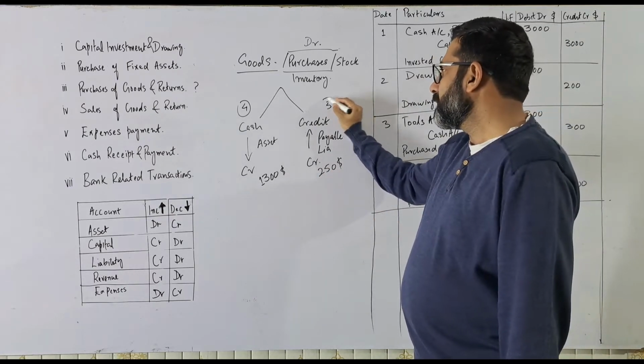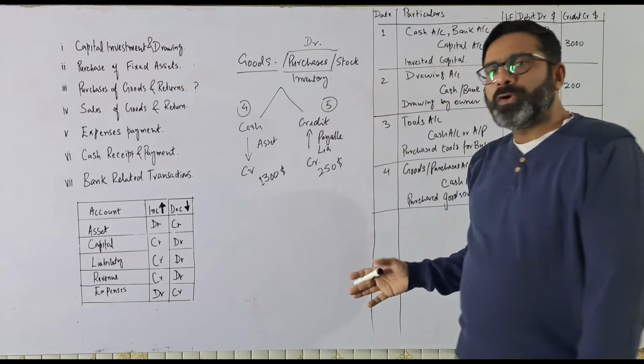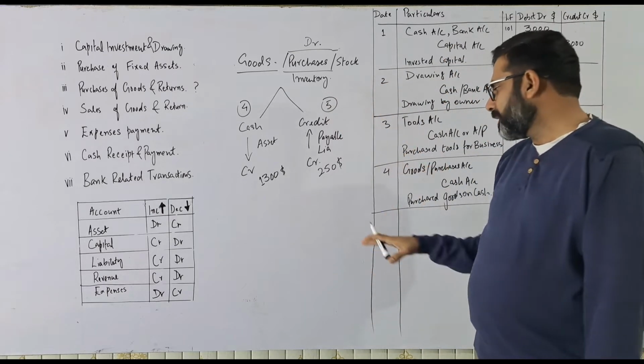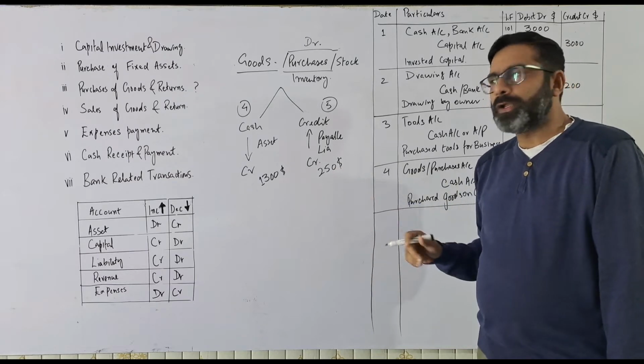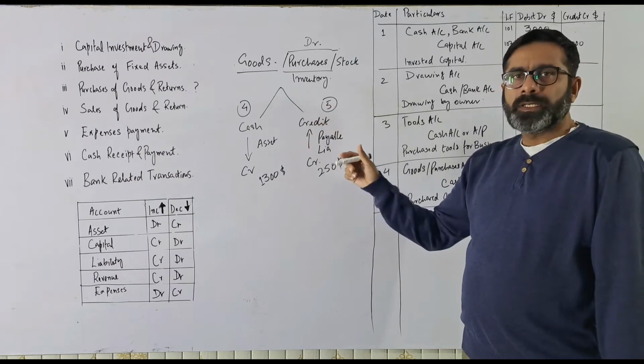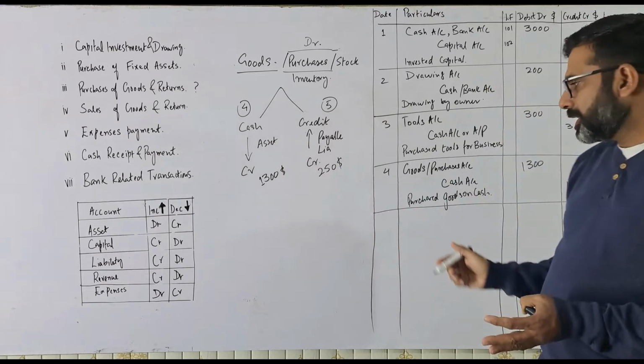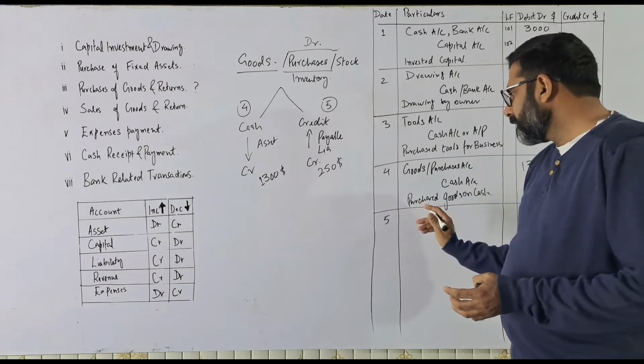Let's say this transaction happened on the 5th of January, February, whatsoever is the month the transaction happened. So they have purchased $250 goods for the resale purposes. So it will be the same transaction.